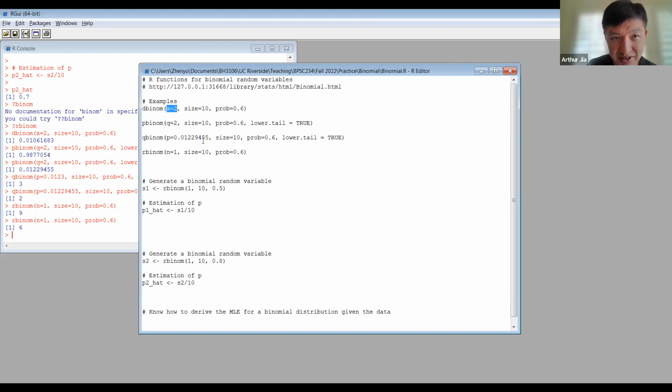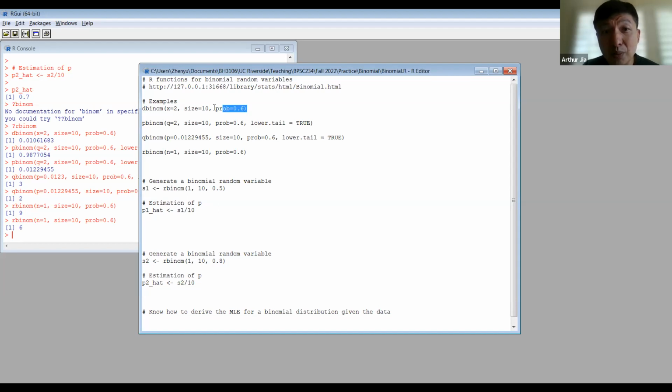So 2 successes out of 10. And for this model, the real parameter, the p, the probability, equals p hat. If the real parameter for this binomial distribution is 0.6, which means the chance to have a head equals 0.6, then what is the likelihood, what is the probability density, if you observed 2 heads out of these 10?